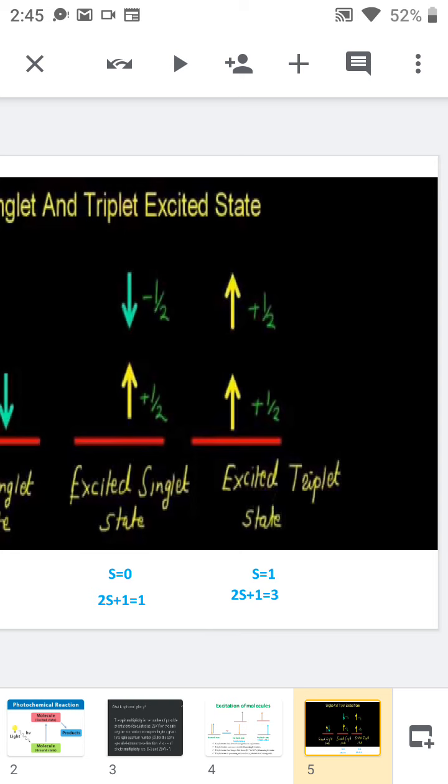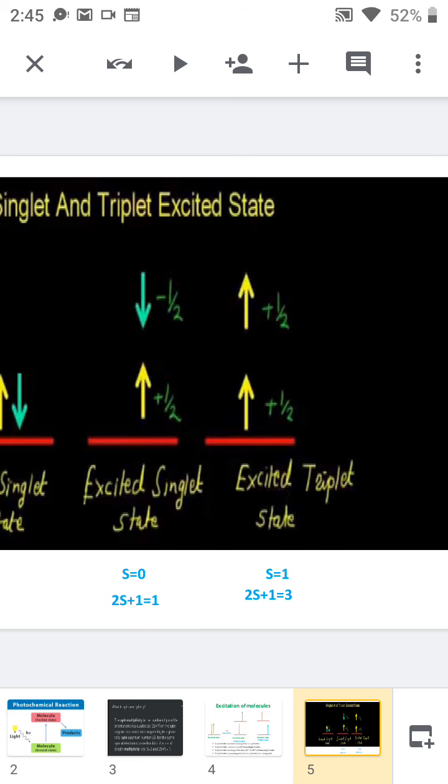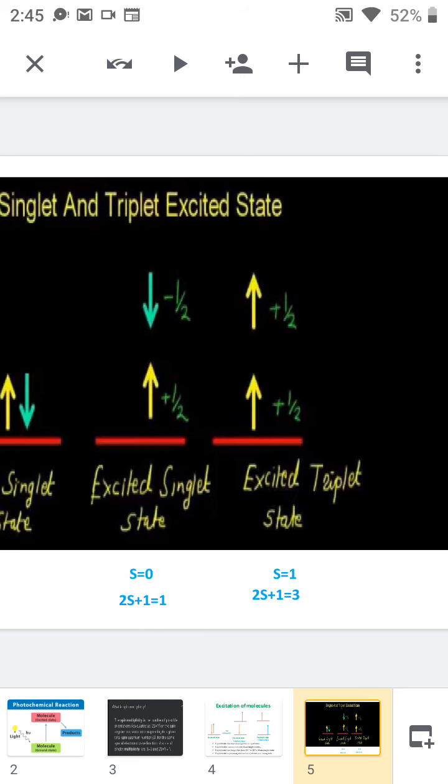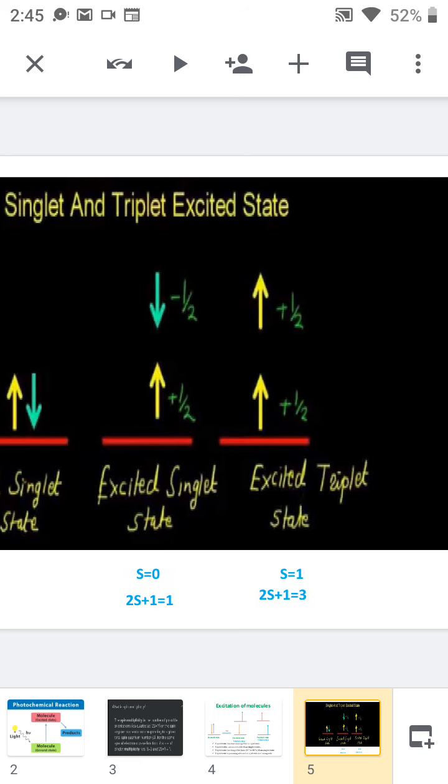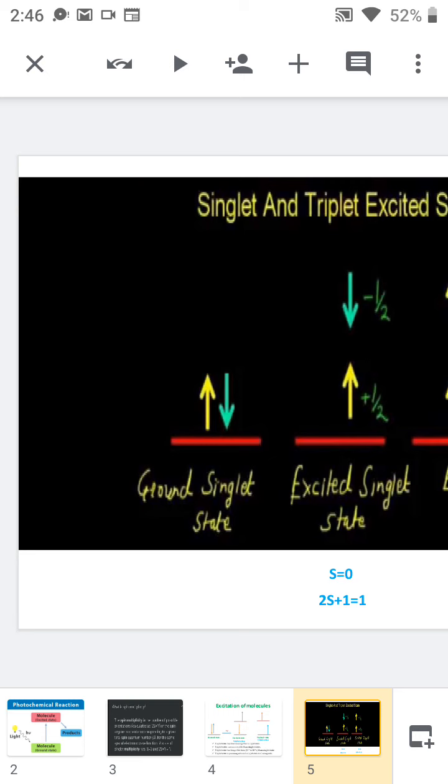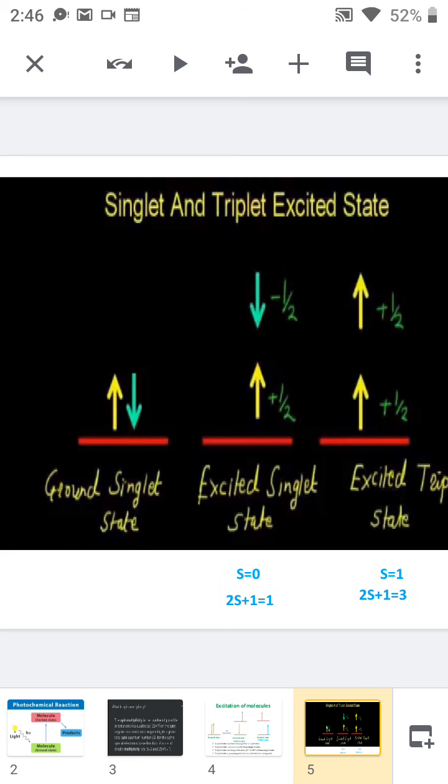So in the triplet excited state, the spin multiplicity is 3 and the spin quantum number is 1. Whereas in the singlet excited state, S is equal to 0 and the spin multiplicity 2S plus 1 is equal to 1. So this is about the photochemical reaction and spin multiplicity. Thank you.